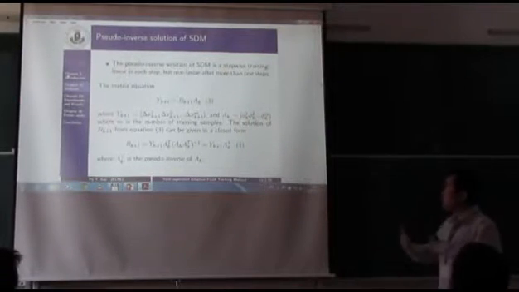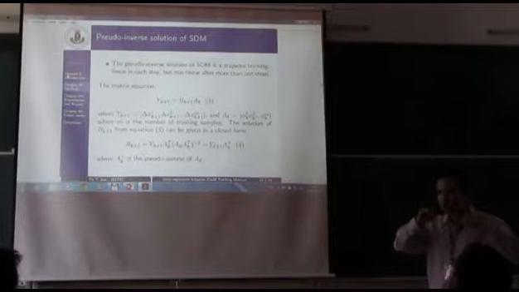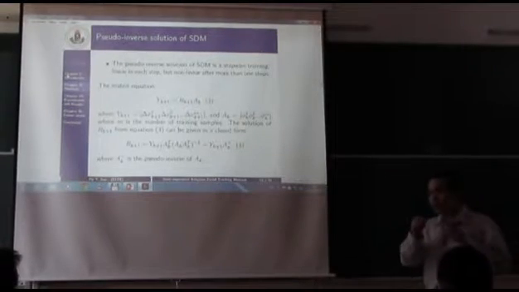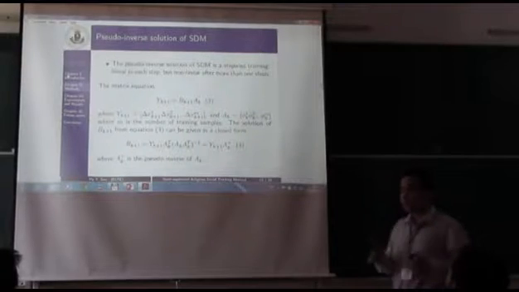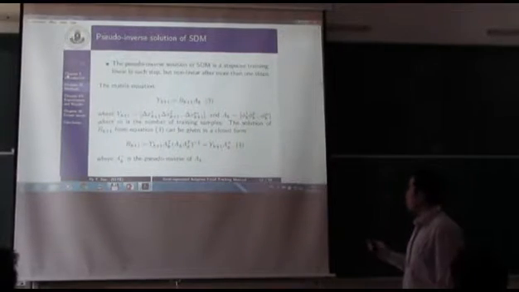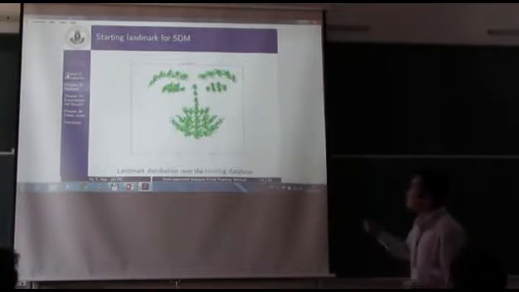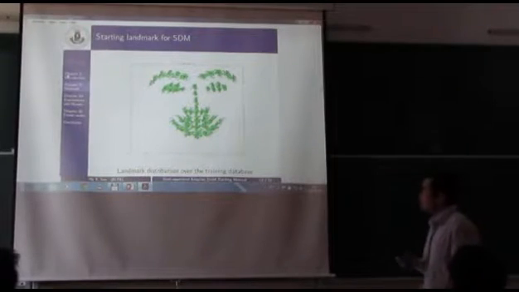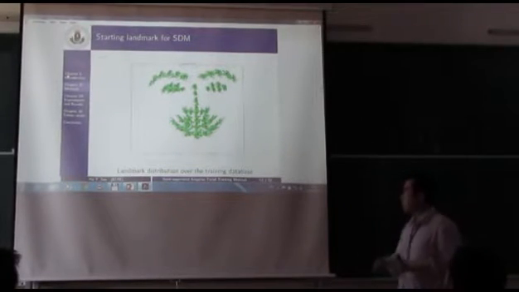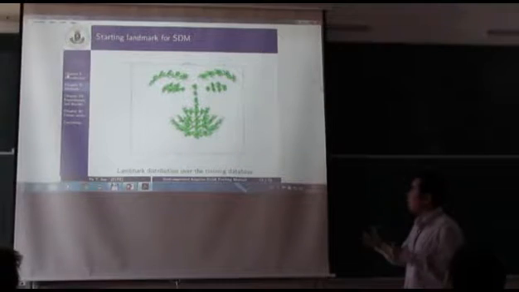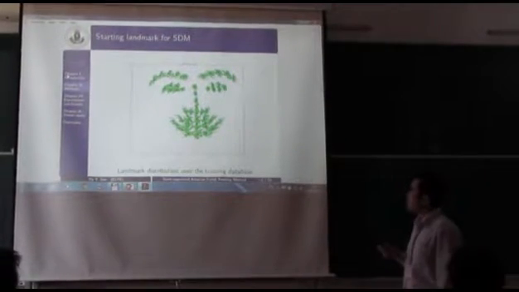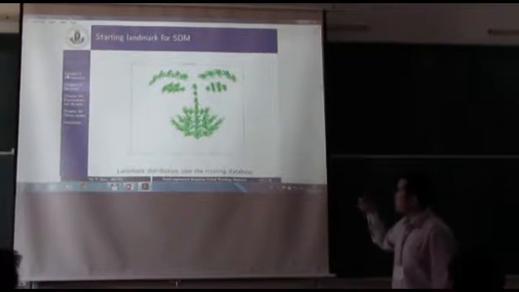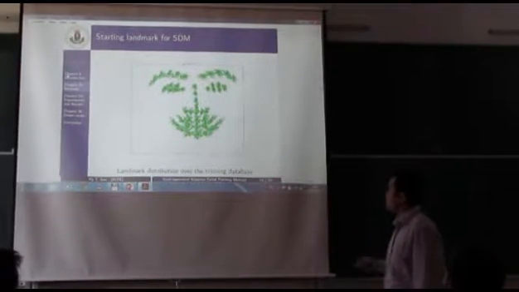This Gaussian inverse solution of SDM is stepwise training, linear in each step, but non-linear in more than one step. To find the starting landmark of SDM, we average the coordinates of all landmarks over the whole training database. For example, in this figure I plot the distribution of all landmarks.